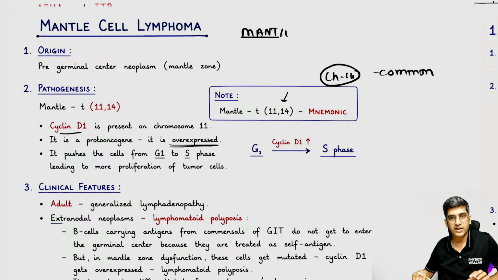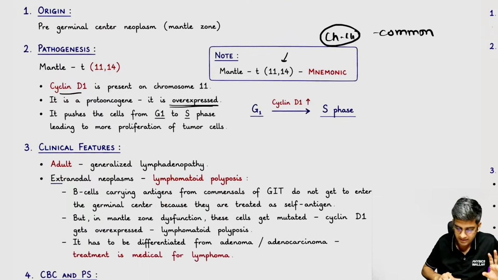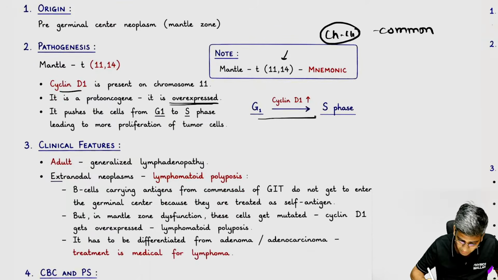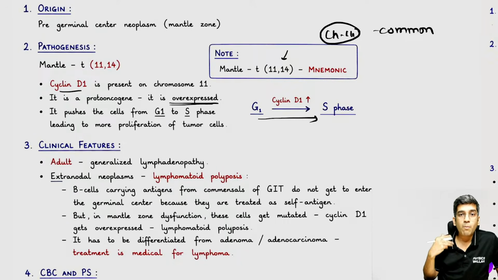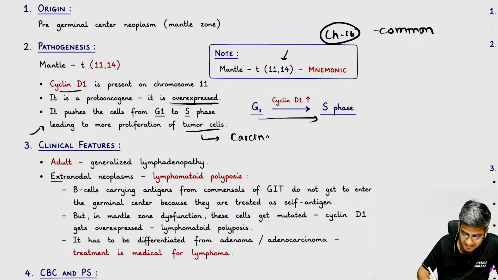If you remember your cell cycle, you must have read in your UG days, right? In your school, we have checkpoints in the cell cycle, right? So G1 to S phase will be easily pushed. So they'll have more and more proliferation of cells from G1 to S phase, right? So when this happens, automatically I'll result in tumor formation. That's the pathogenesis or the carcinogenesis. As simple as that. Okay.